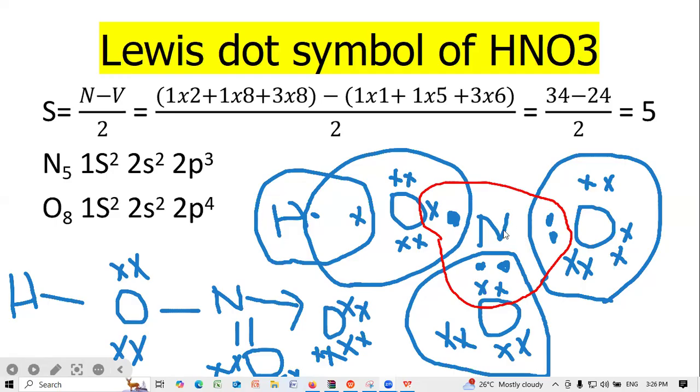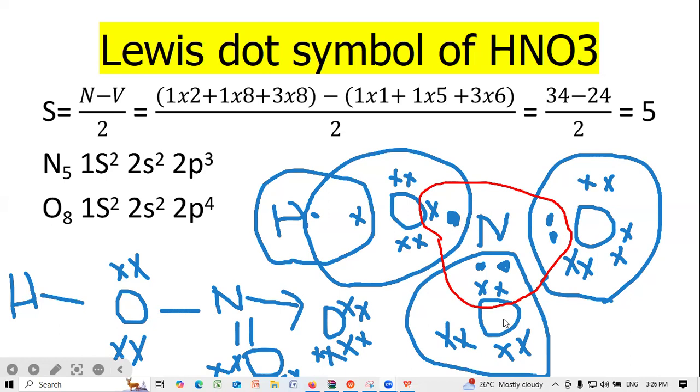That's why this is a covalent bond. And see, between this nitrogen and this oxygen, the oxygen has the 6 electrons, and 2 electrons have been taken from this nitrogen, but this nitrogen has not taken from this oxygen. That's why there is the coordinate covalent bond, and oxygen has 6 electrons as lone pairs.